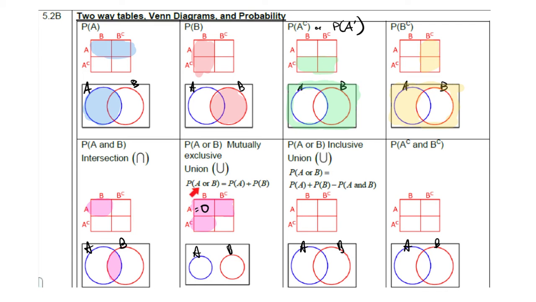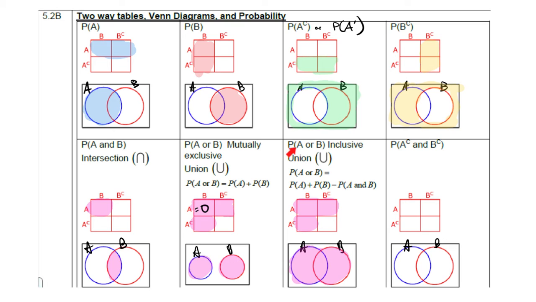This is union, so we're using that first expression we learned. It's probability of A plus the probability of B. Remember, A is this entire row, and B is this entire column. I wrote it equals 0. The probability of anything occurring in here simultaneously is 0. I forgot to shade it in. That's the probability of A or B. It's going to be both those sample spaces there.